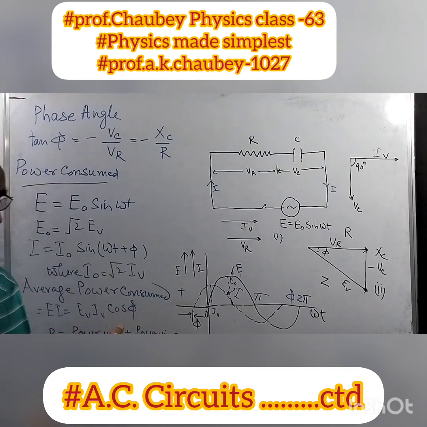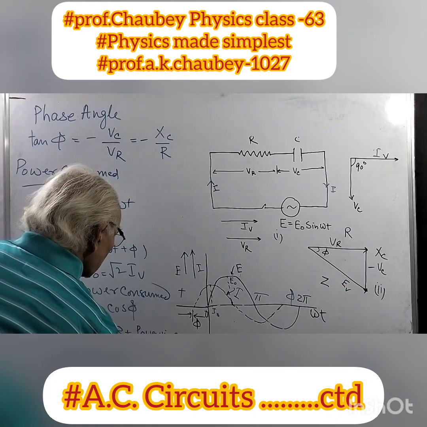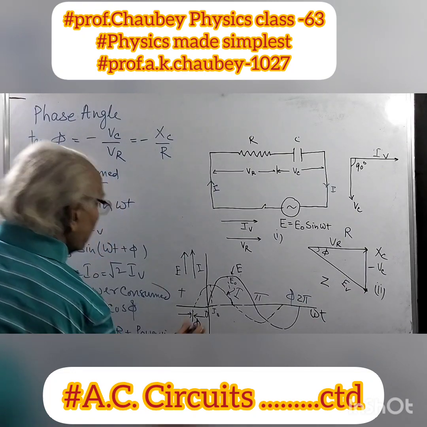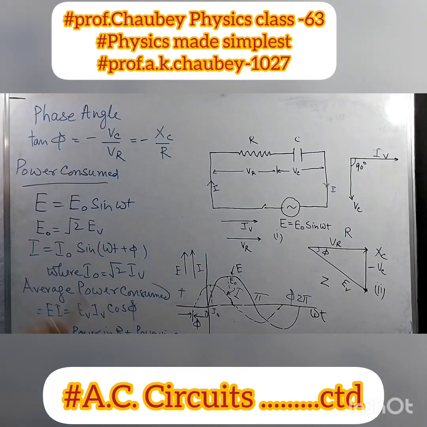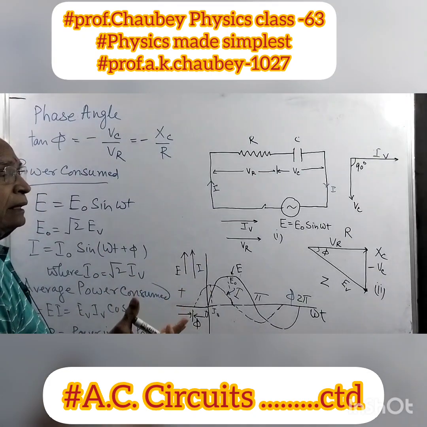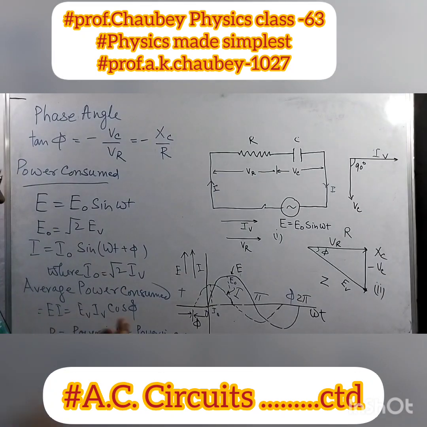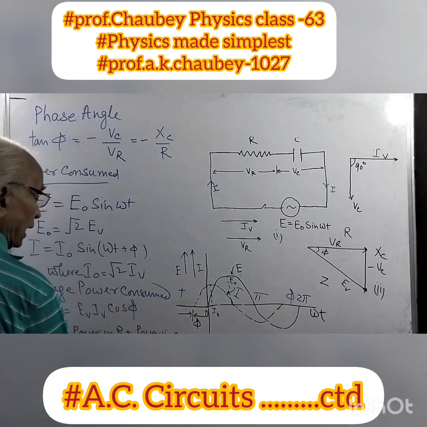So the power is simply I_V square R, because resistance is there. If only capacitance is there, or only inductance is there, average power is 0, because for half cycle it is positive power, for half cycle it is negative, meaning power is stored. For the negative cycle the power is given back, so total power becomes 0. But because R is included, it is not 0, it becomes I_V square R.